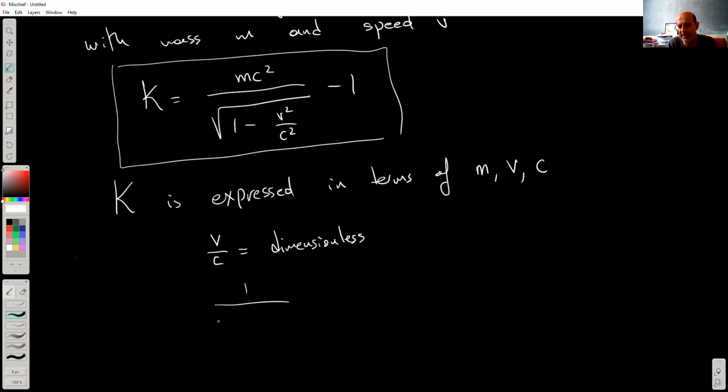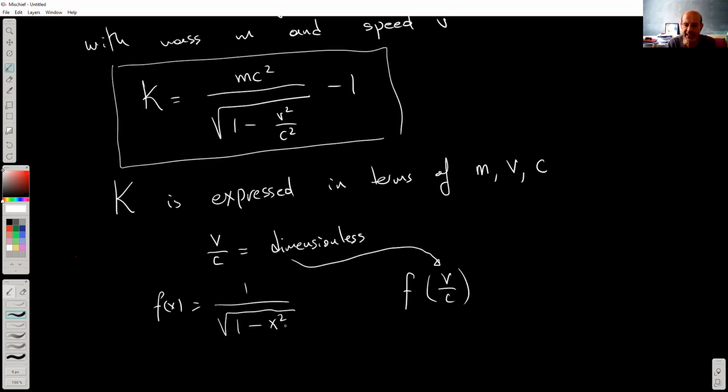So, for example, 1 over the square root of 1 minus x squared, basically, right? Let's call it f of x. I'm essentially computing the value of that function at that ratio. And the argument of that function has to be dimensionless.